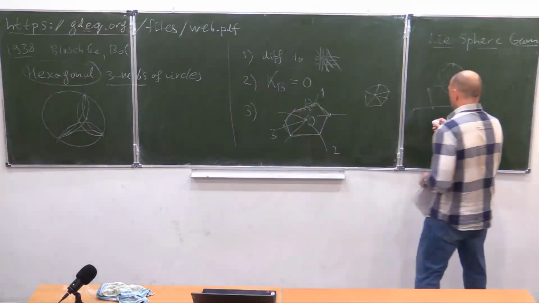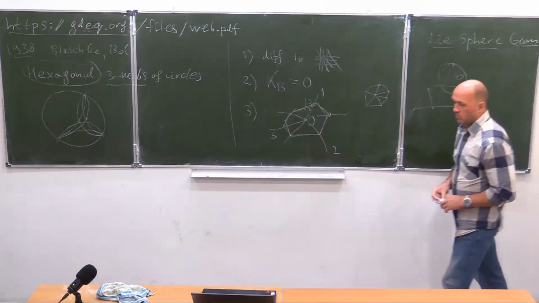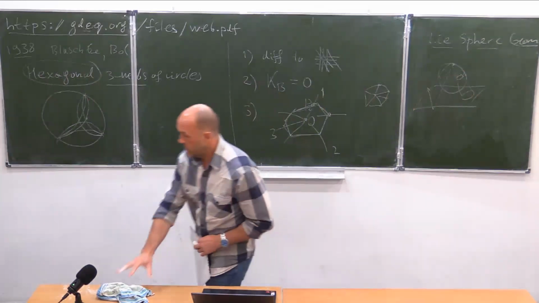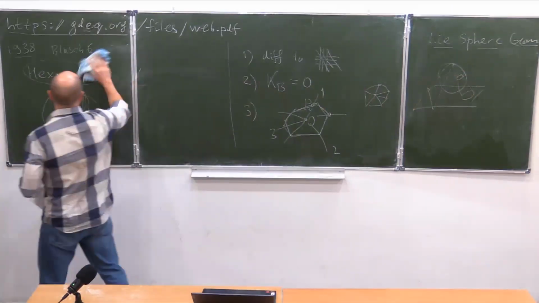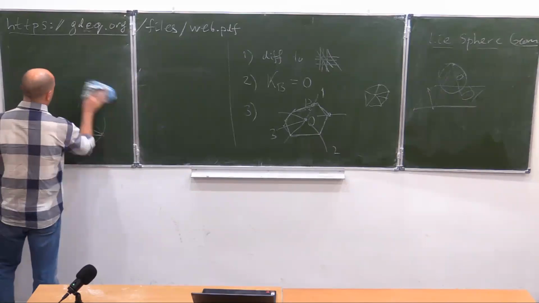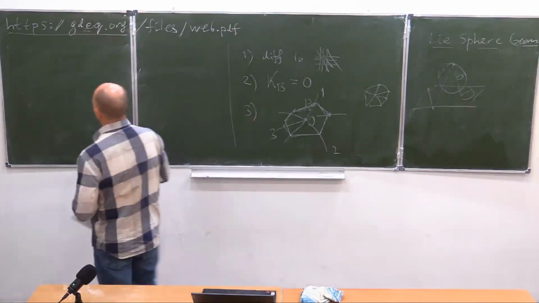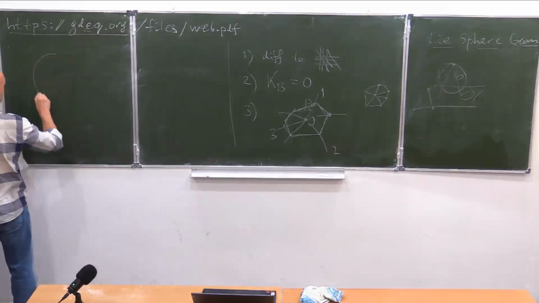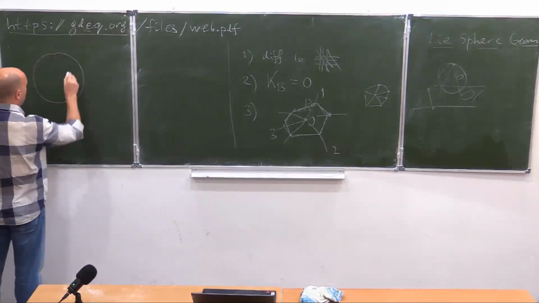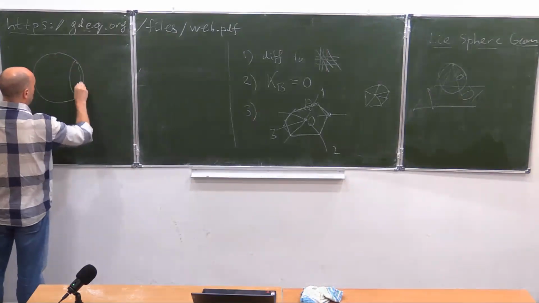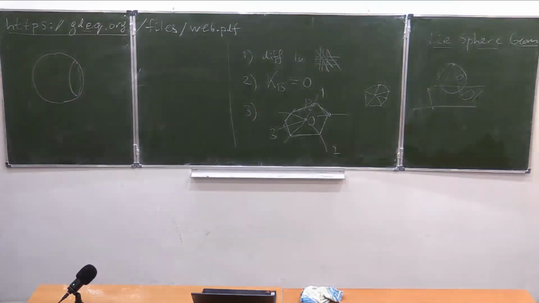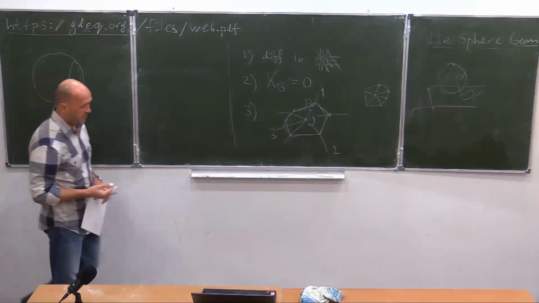This unit sphere we'll use also to describe circles. So we have a unit sphere and a circle on this unit sphere. This circle is a section of the sphere by a plane.